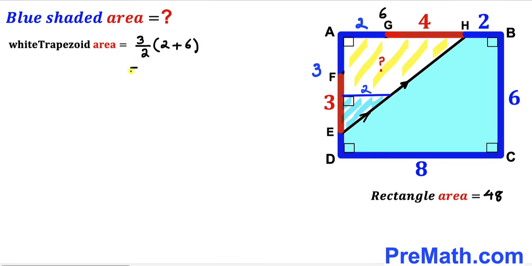So we got 3 divided by 2 times 8, and that is going to be equal to 12 square units. Thus the area of this white trapezoid turns out to be 12 square units.